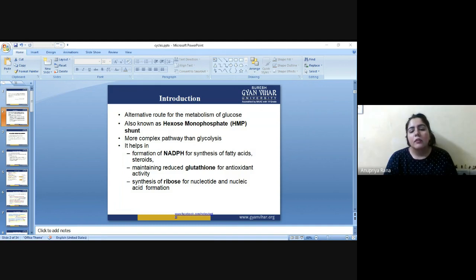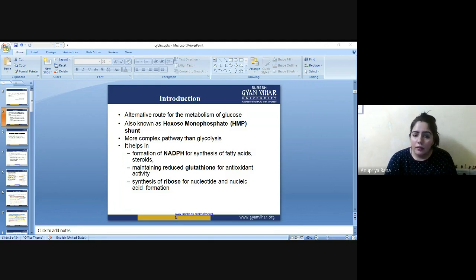Now we have to see the third thing, which is a very good byproduct we get from our PPP cycle: synthesis of ribose for nucleotide and nucleic acid formation. DNA is the basic core unit of our every activity, because DNA is a coding unit, the information unit. Any function performed inside our body is basically governed by DNA activity.